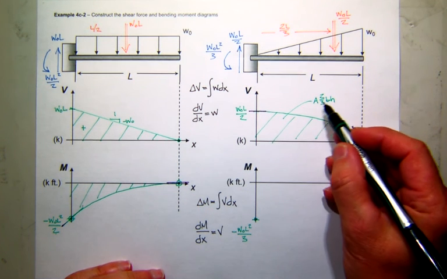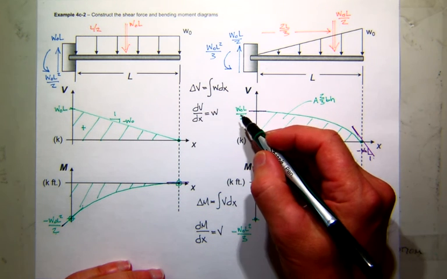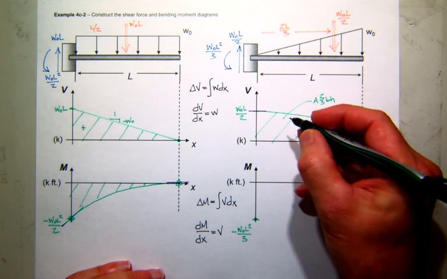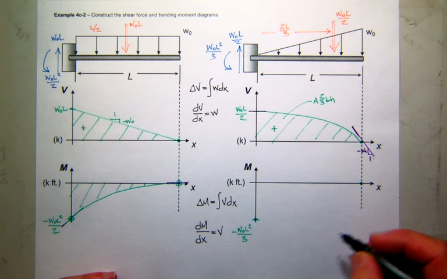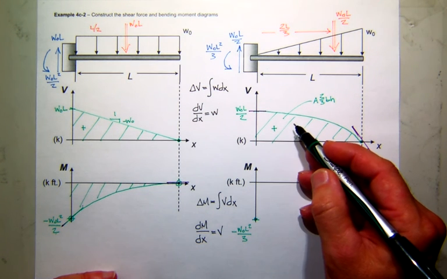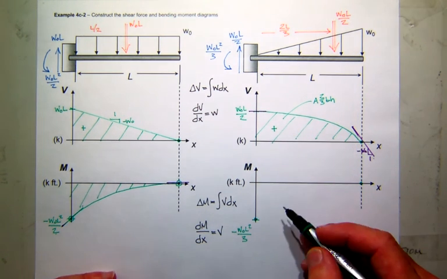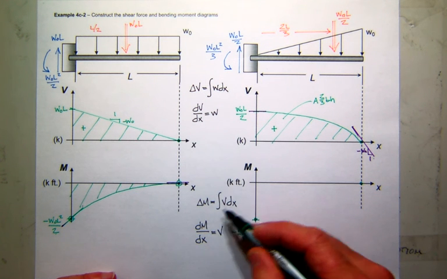Okay, so what's 2/3 base times height? Well, 2/3 base L times height W naught L over 2 is positive W naught L squared over 3. So if I start at negative W naught L squared over 3 and add positive W naught L squared over 3, I get 0. So this is true.